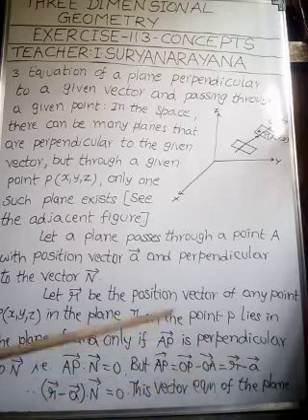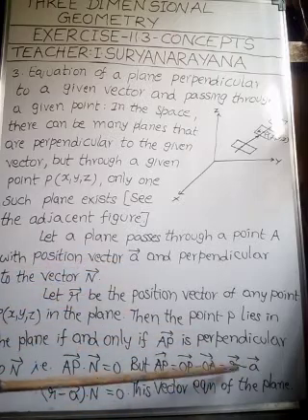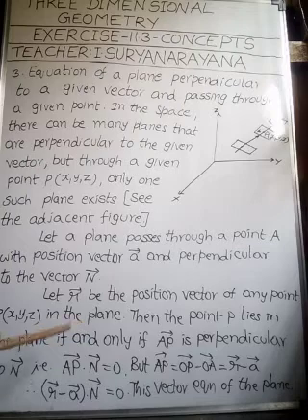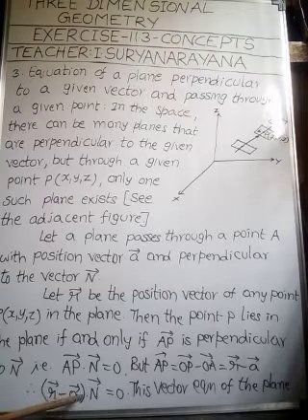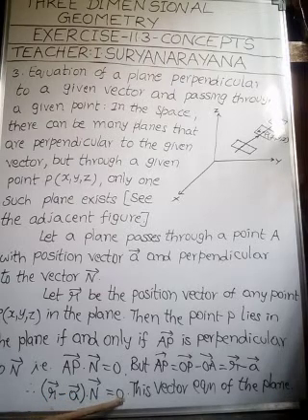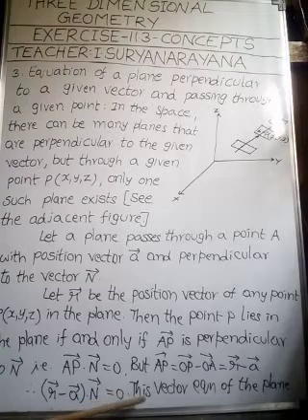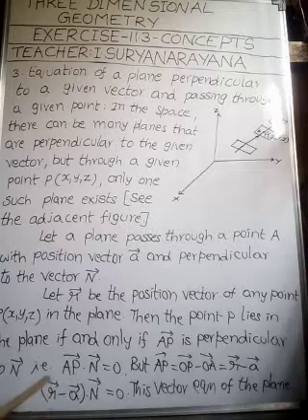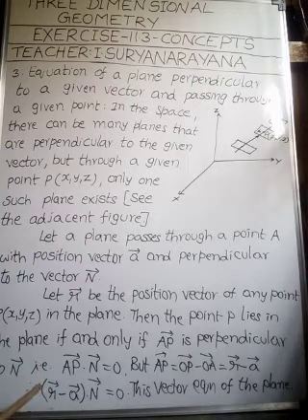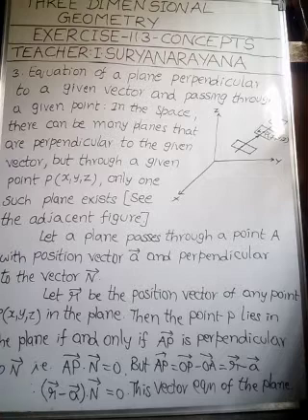Now we substitute r bar minus a bar in the equation AP bar dot n bar equal to 0. Then we get (r bar minus a bar) dot n bar equal to 0. This is the vector equation of the plane. Remember this equation as a formula when a plane is passing through a point and perpendicular to a given vector.